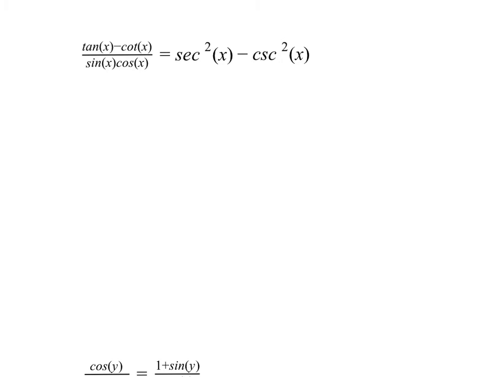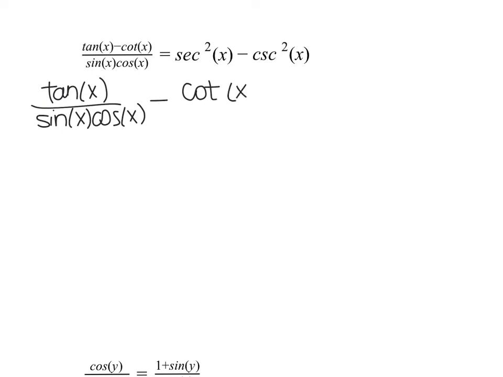So my first step, I'm going to break up my fraction, write it as tangent of x over sine of x cosine x minus cotangent of x over sine of x cosine of x. Now I want to replace tangent and cotangent with their ratio identities, since I want to get sine and cosine.